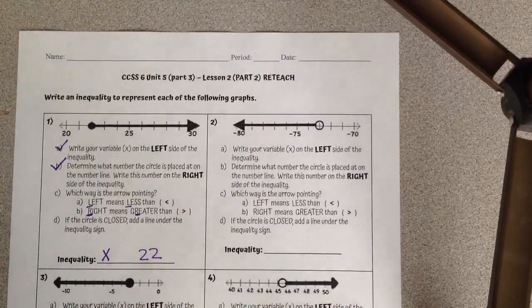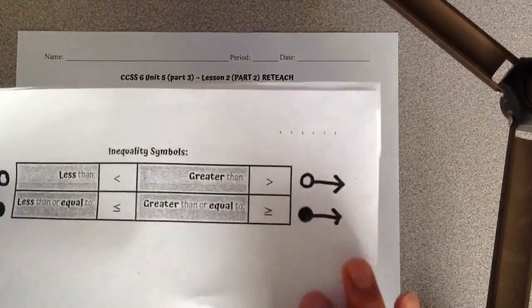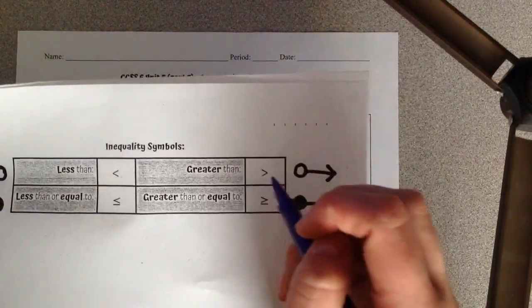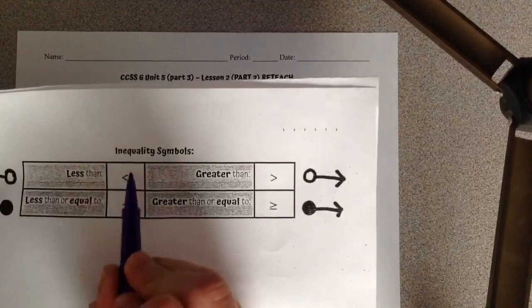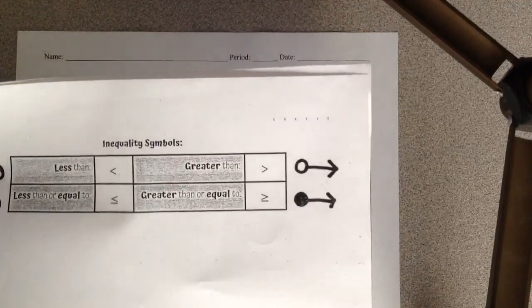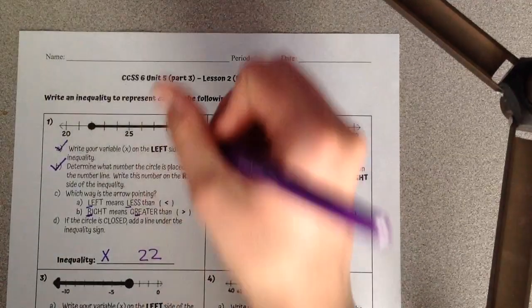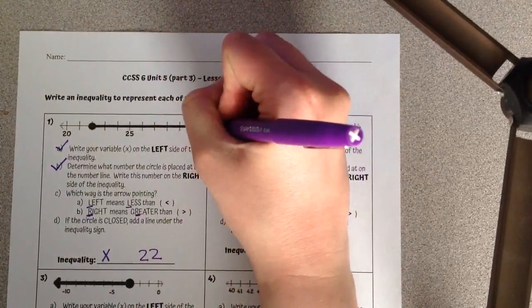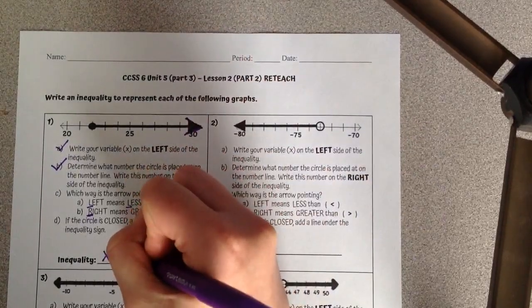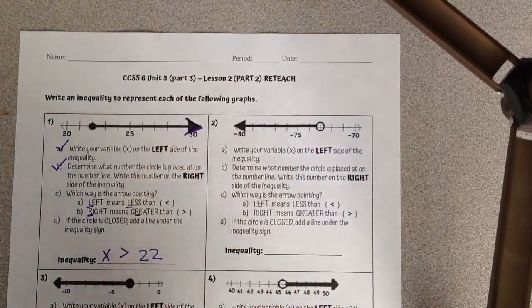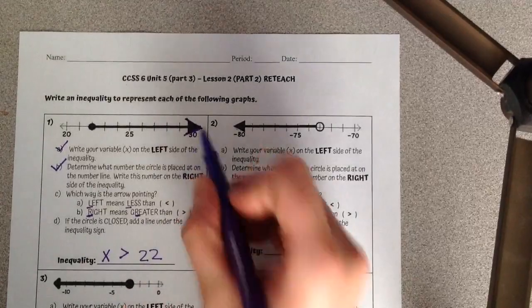You can look at this sheet: if the arrow is pointing to the right, it's greater than; if it's pointing to the left, it's less than. Or you can just see which way the arrow is going, and that's what my symbol is going to look like. It matches the arrow.